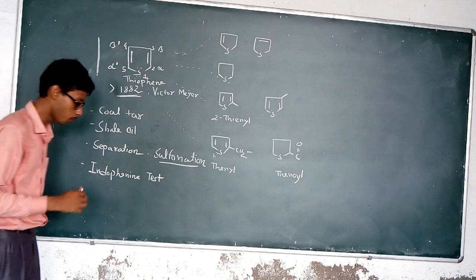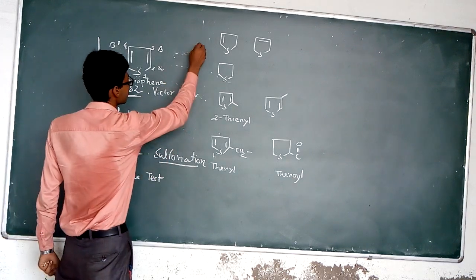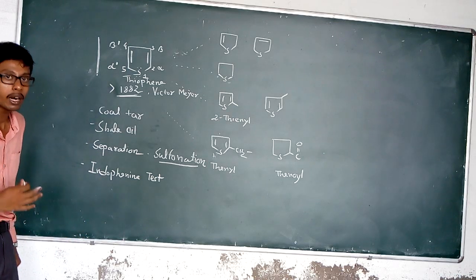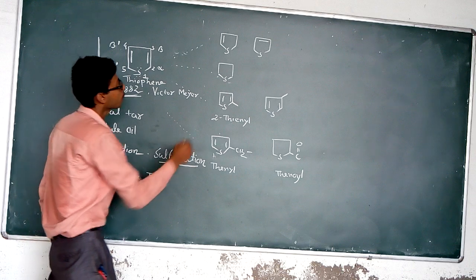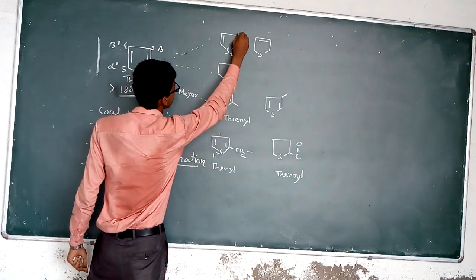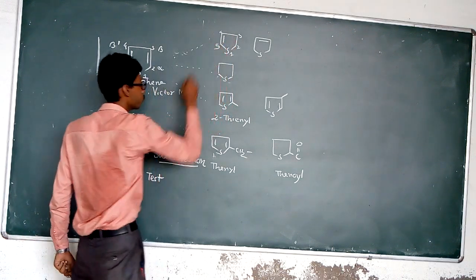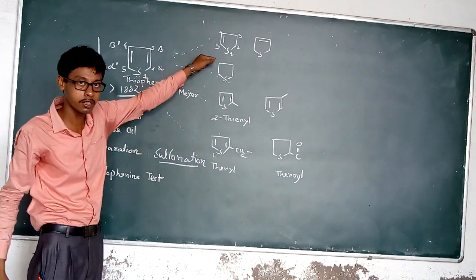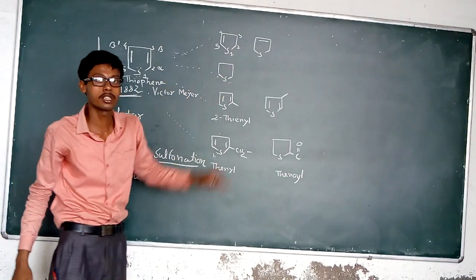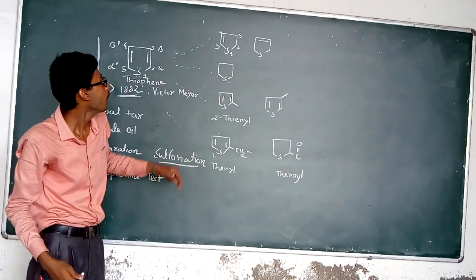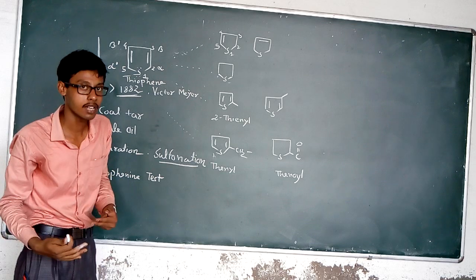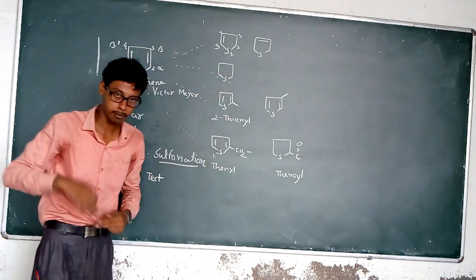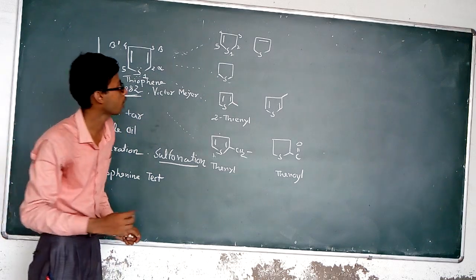When thiophene is partially saturated, here you can see the 2 structures of partially saturated thiophene. One is 2,3-dihydrothiophene, because the 2 and 3 positions are hydrogenated, and this becomes a partially saturated thiophene. This is also a type of partially saturated thiophene.